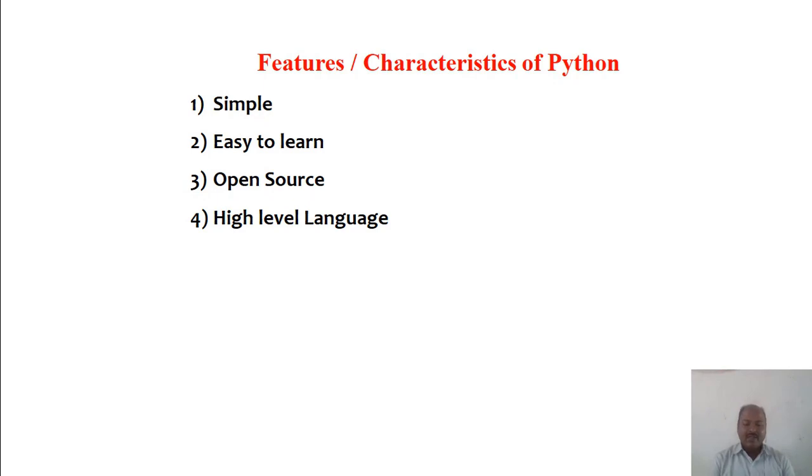So languages are of two types, either low level or high level. A high level language uses English words to develop programs. We have seen Java, Python, C, C++, where we use English words for developing programs. Most high level languages, like COBOL, PHP or Java, use English words for writing programs.